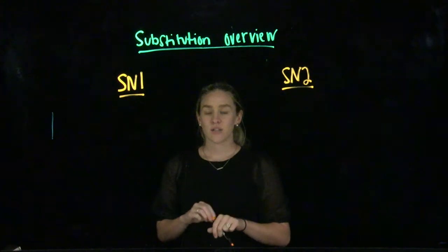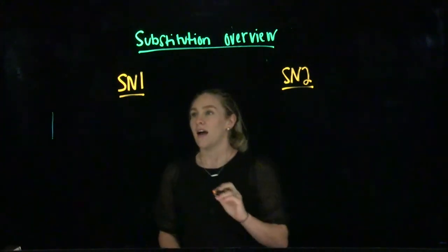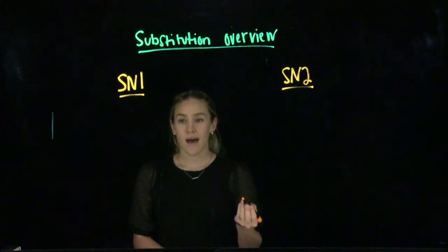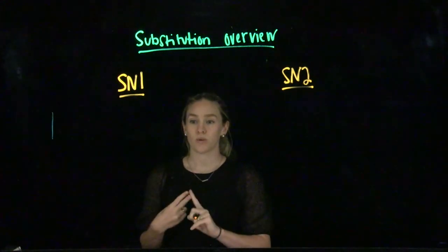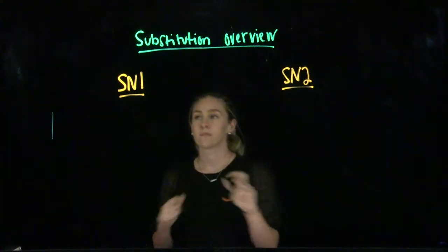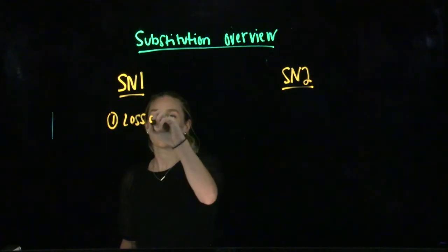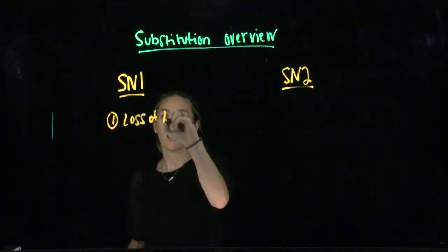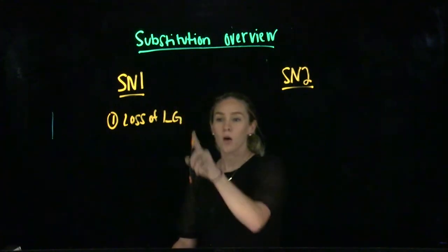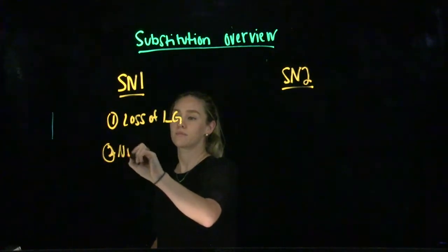So the first thing to note is that in an SN1 reaction, the 2 main things that we said would happen, the loss of the leaving group and the nucleophilic attack, those are going to happen one at a time. You're always going to have the loss of leaving group before your nucleophilic attack.